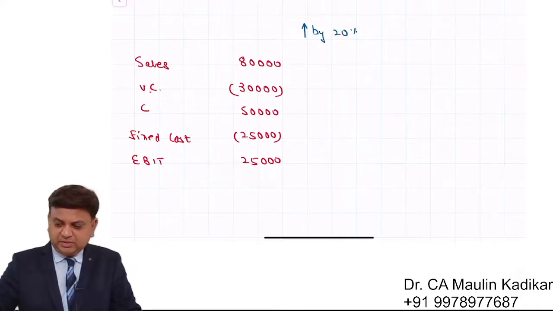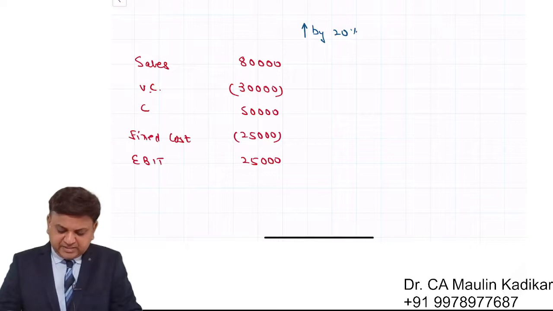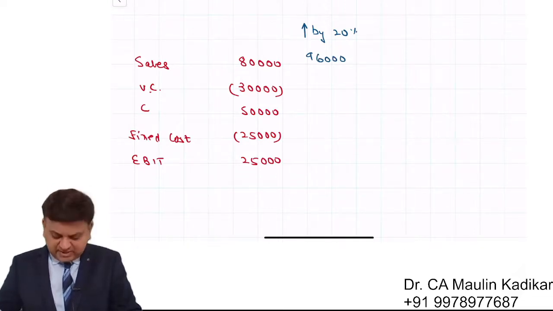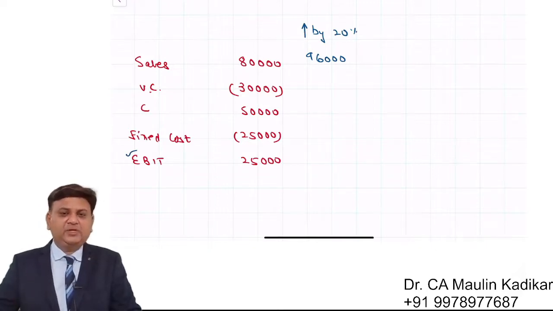So 80,000 plus 20%, that is 96,000. In that case, what will be the operating income? Can you write in the chat box what would be the operating income in that case?